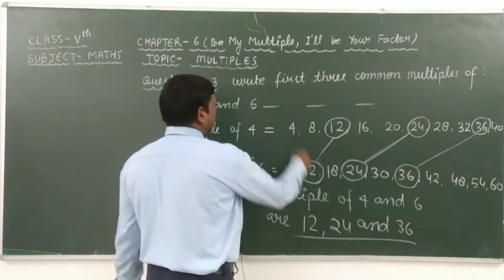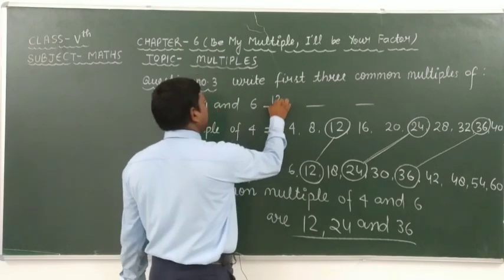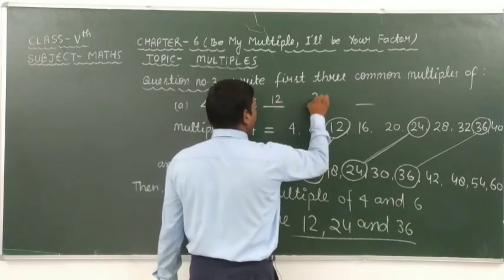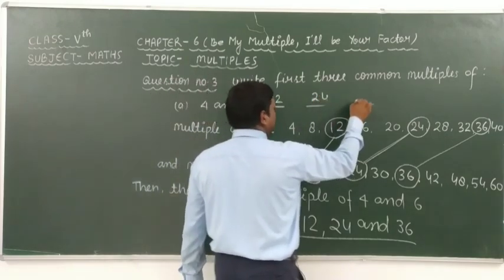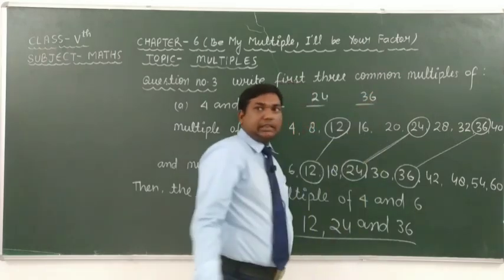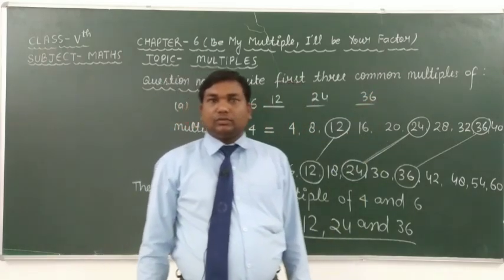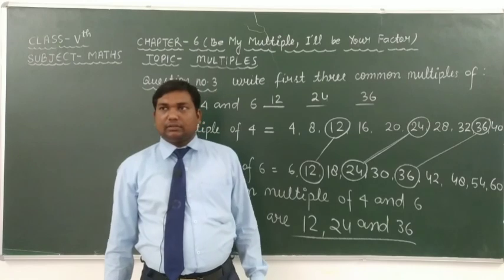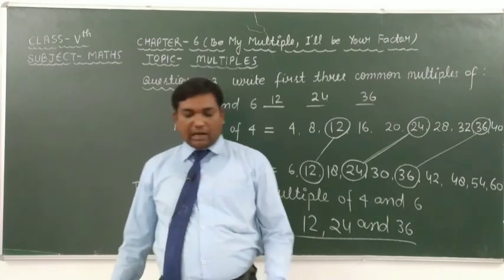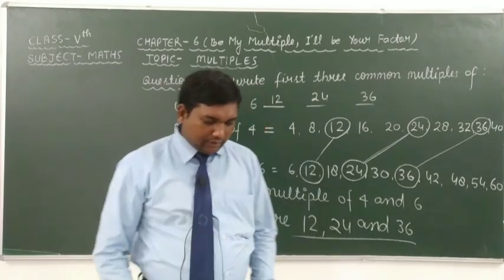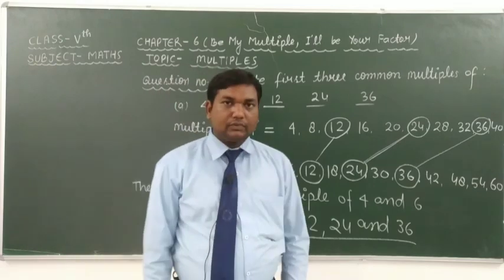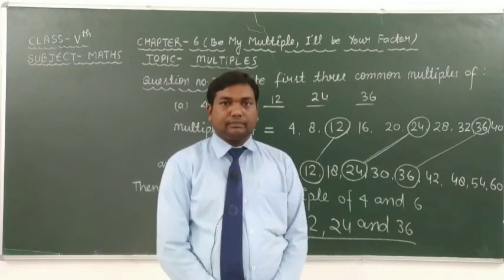Okay, students. Therefore, here we can write 12, 24 and 36. Understand? Similarly, you can solve all given questions. If any student has a doubt in these questions, please ask me. Okay, students. Thank you.